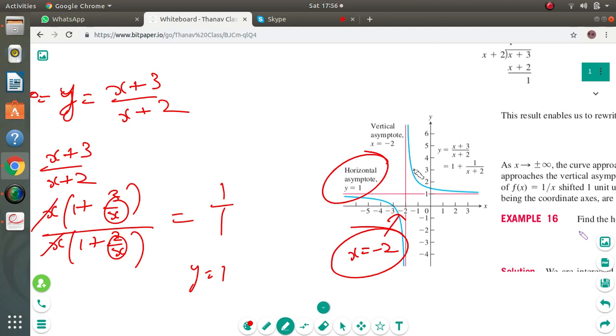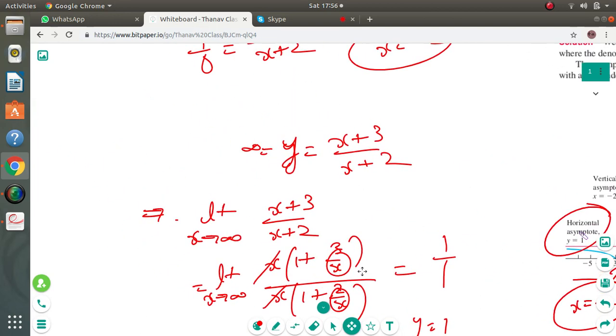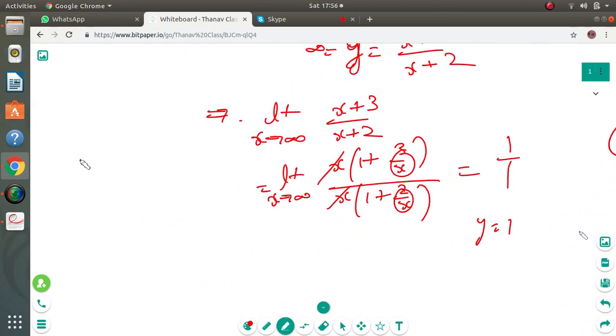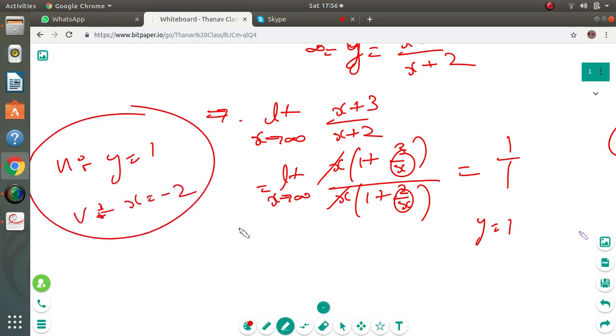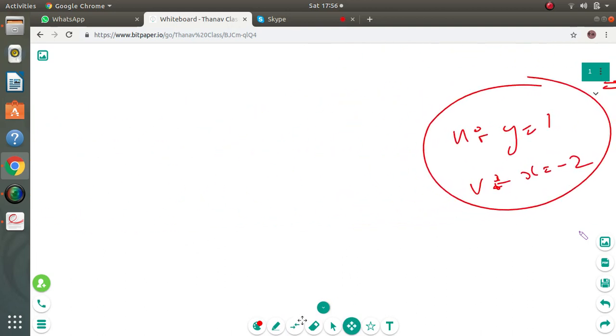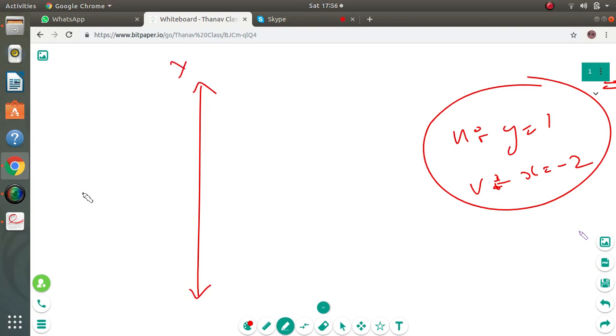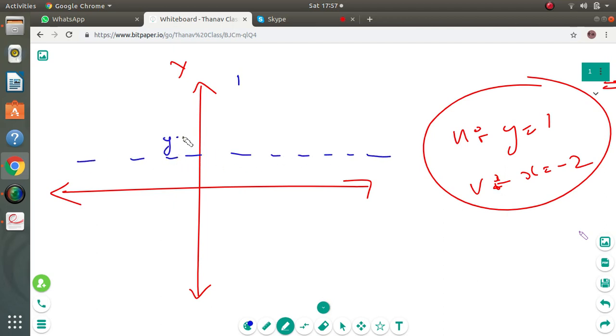And now, how to draw the graph here? For the graph, you have the asymptote horizontal one, y equal to 1, vertical one, x equal to minus 2. Now let's draw the graph here. Horizontal here we have y equal to 1. So it will never go past that.